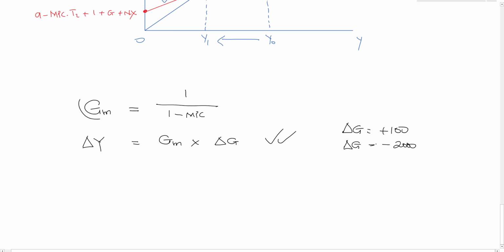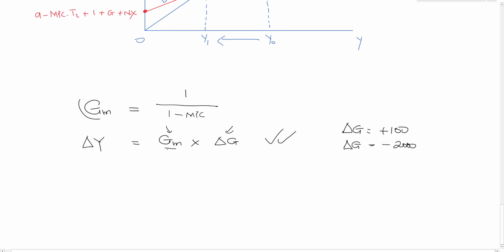So if you have the government spending multiplier, you plug it in here, you know by how much the government decides to change spending, you plug it in here, and after multiplication, you will obtain exactly how your total GDP will change as a result of the government spending multiplier here.